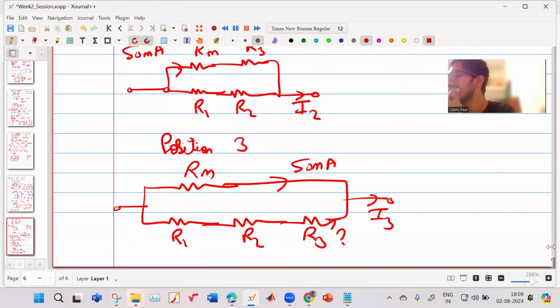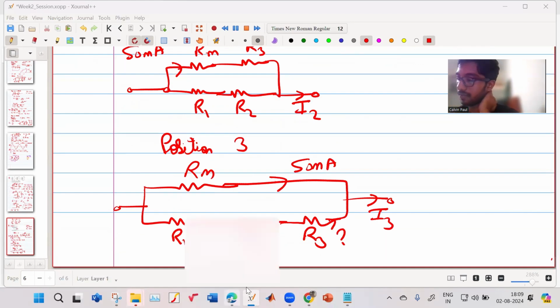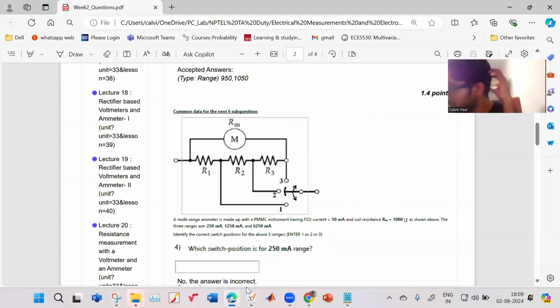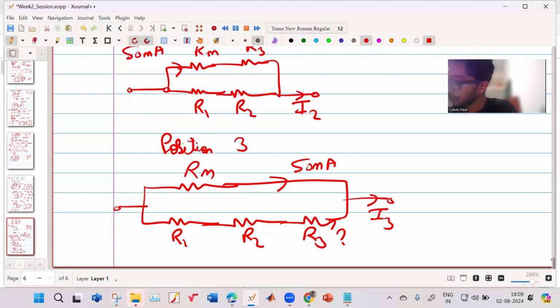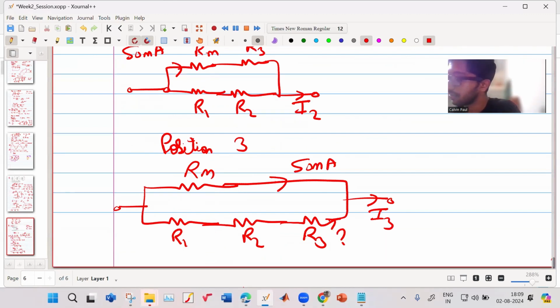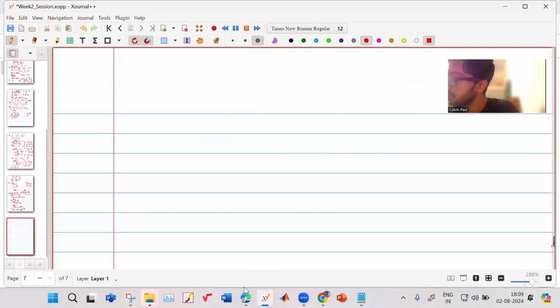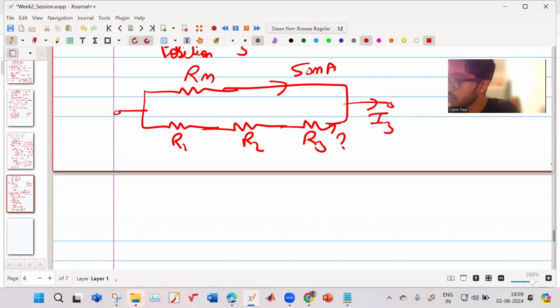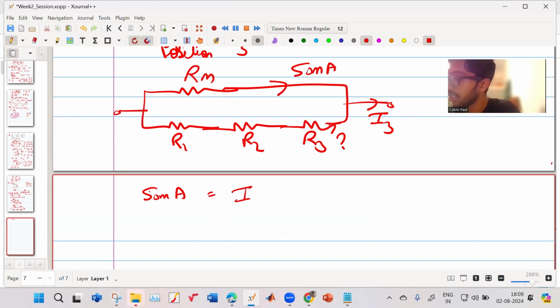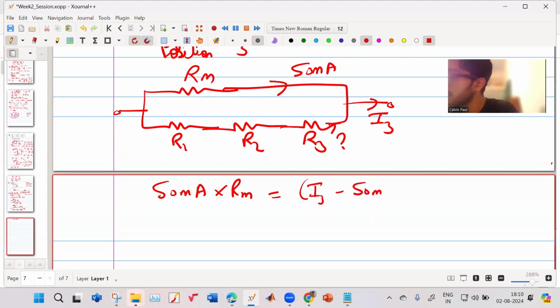Now let us say for this branch, by current division rule, we know 50 milliampere into Rm is equal to I3 minus 50 milliampere into R1 plus R2 plus R3.